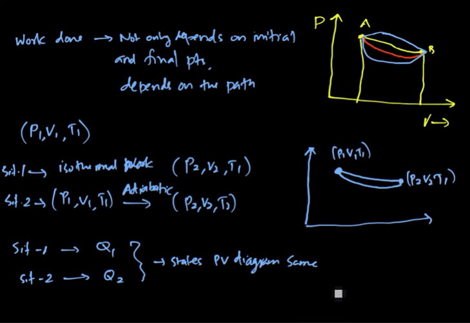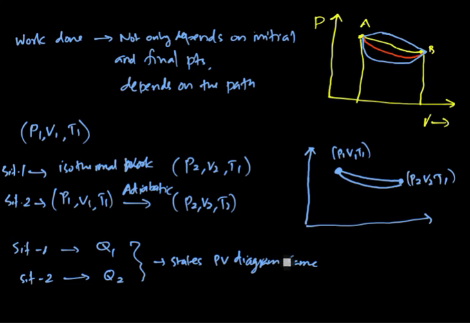So we can say that the quantity of heat, like the work done, is not a function of the state of the system and does not depend upon the values of the coordinates of the system.